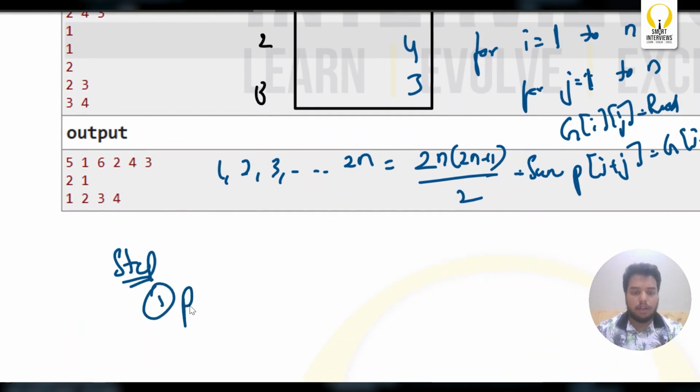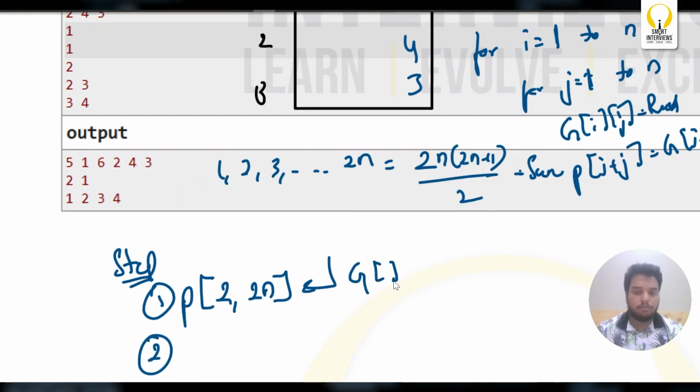Okay, so our step 1 is to get the series from the second index till the 2nth index. This you can get from the G matrix. But for the P of 1, I am considering there is 1-based indexing.